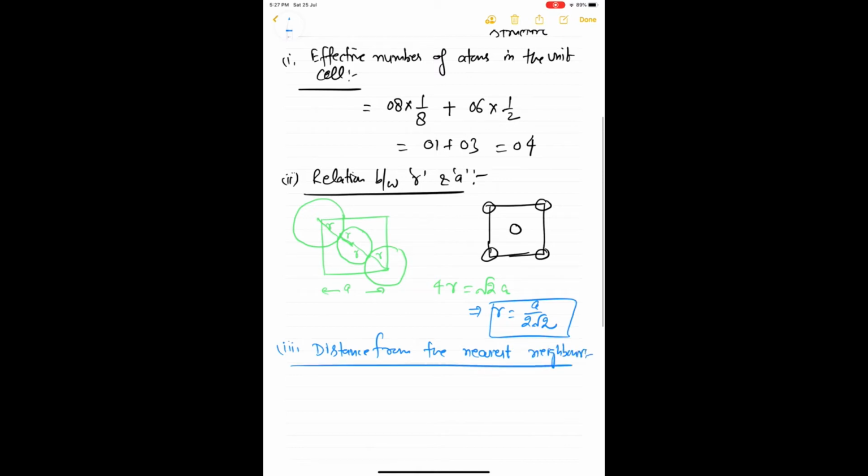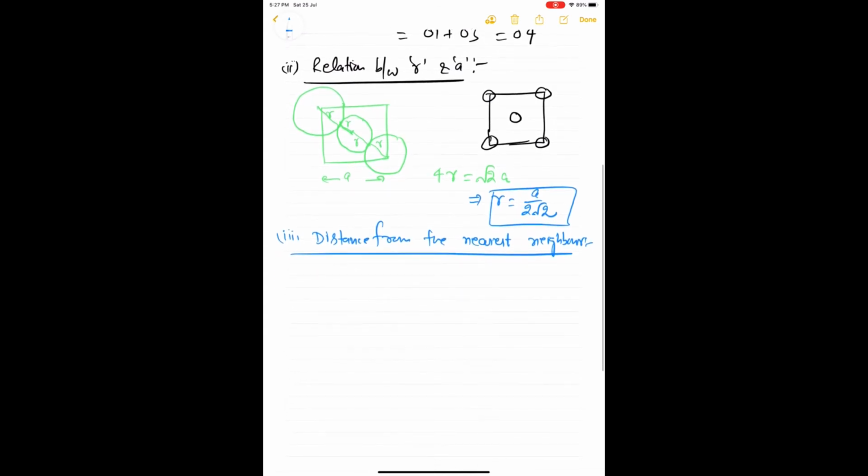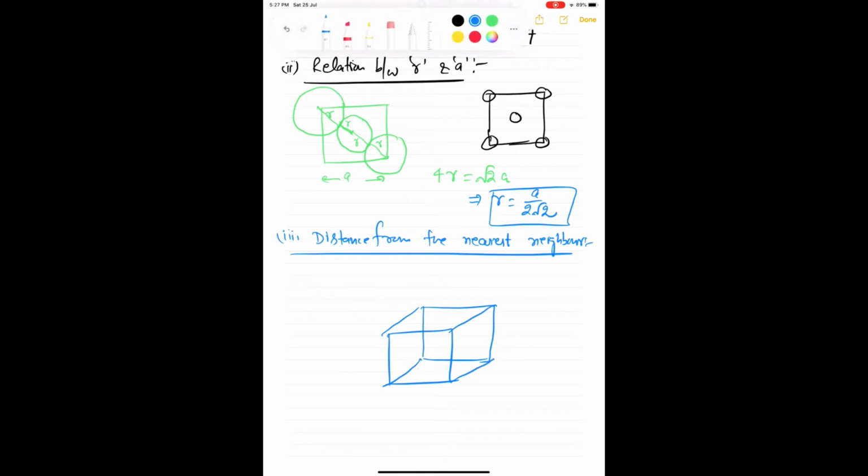Let me draw the cube first of all once again, and then I will explain the concept of nearest neighbors. Let me represent the atom with a different color. 1 2 3 4 5 6 7 8 corners, and the centers 1 2 3 4, and the front one and the back one.